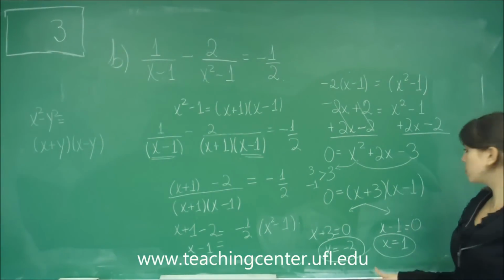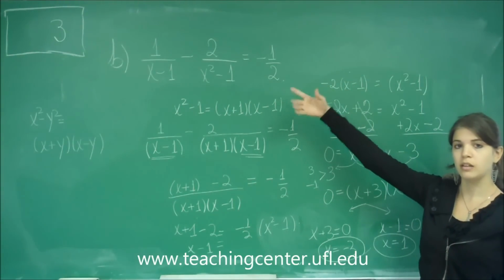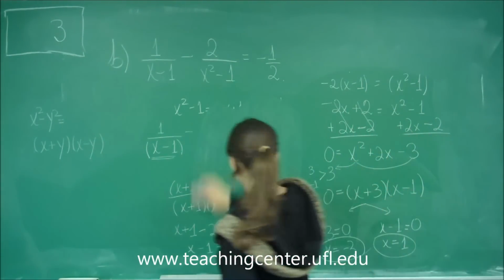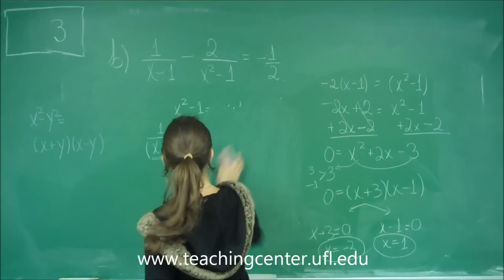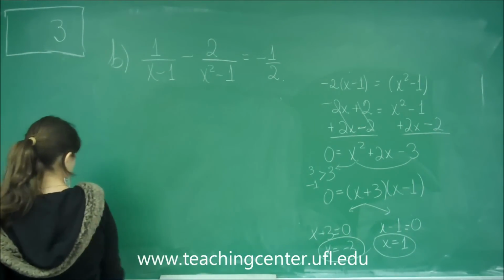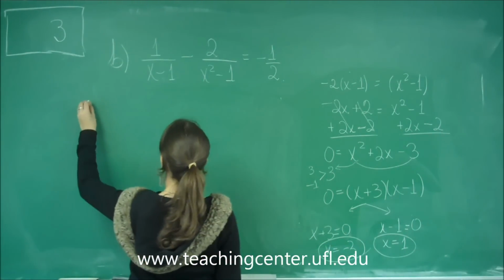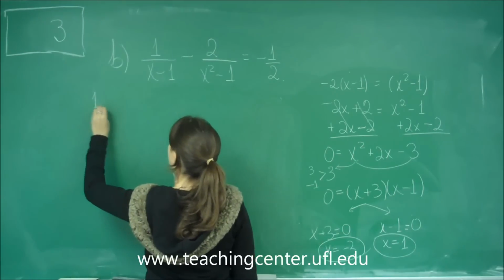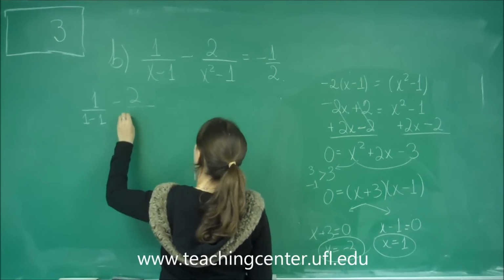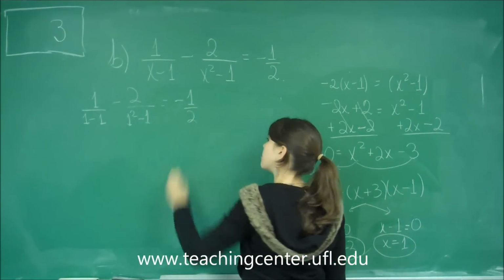But these are not my final solutions. Remember that we have to plug them back into the original equation to make sure that it holds true. Okay, so we have negative 3 and positive 1. Let's start off with the positive 1. 1 over 1 minus 1 minus 2 over 1 squared minus 1 equals negative 1/2.